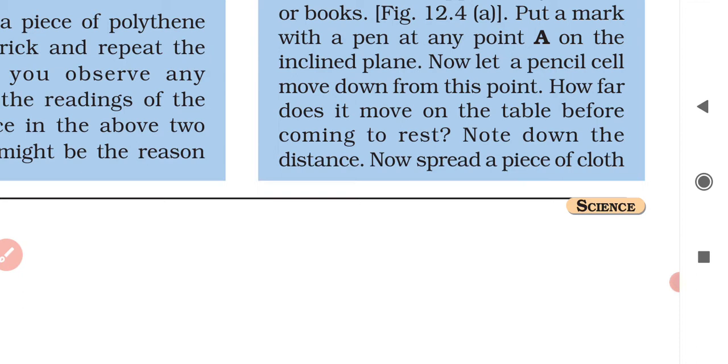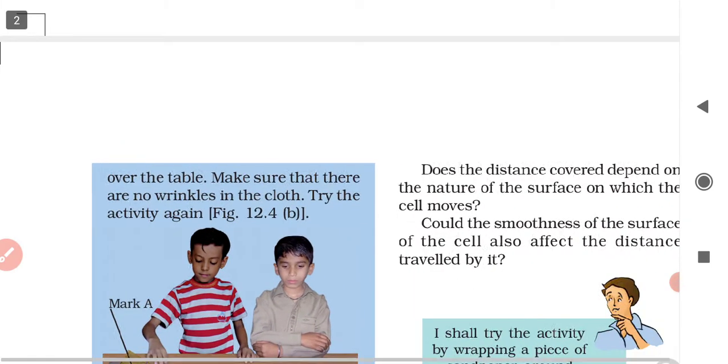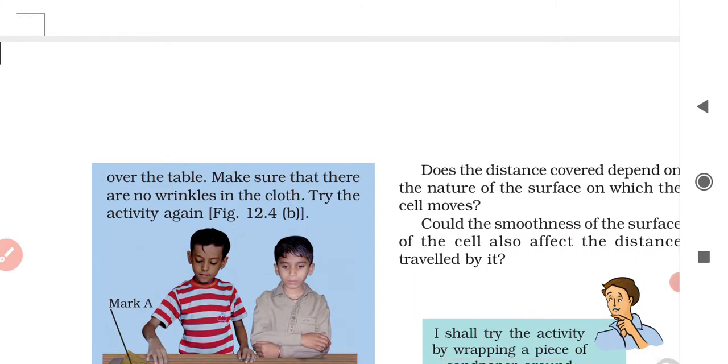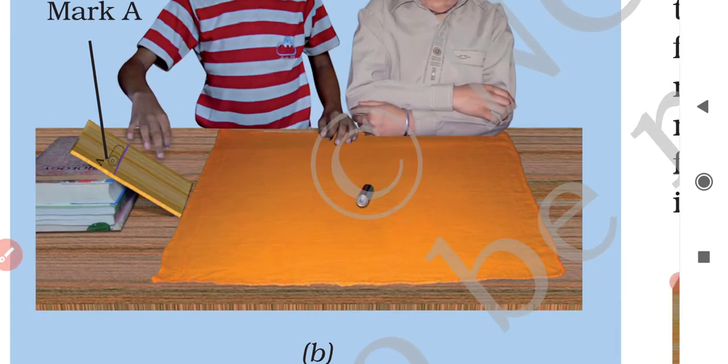Now you have to spread a piece of cloth over the table. Make sure that there are no wrinkles in the cloth. Try the activity again, right? See, over the surface of the table you have to place a cloth, and you have to repeat the same activity.